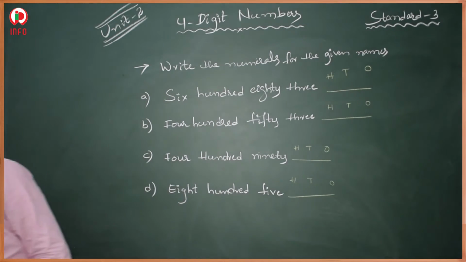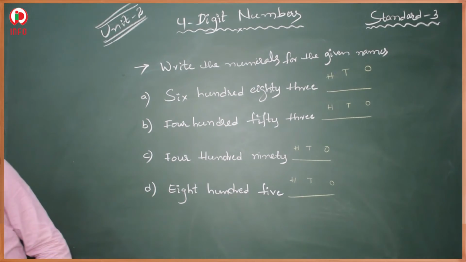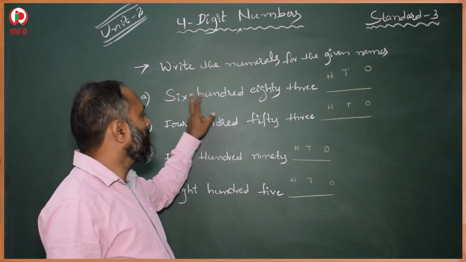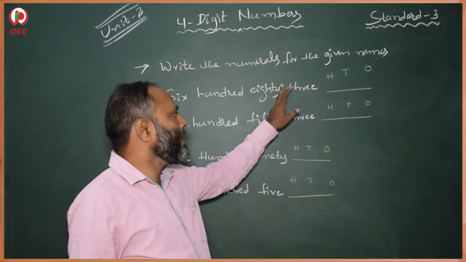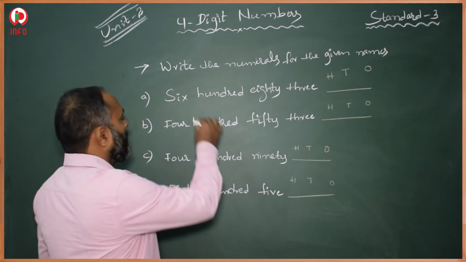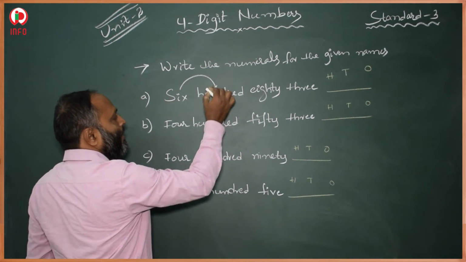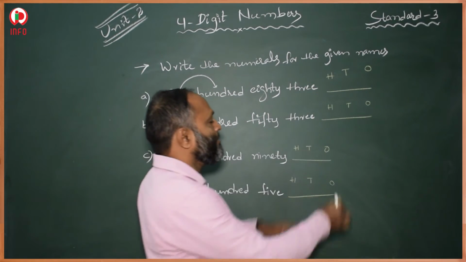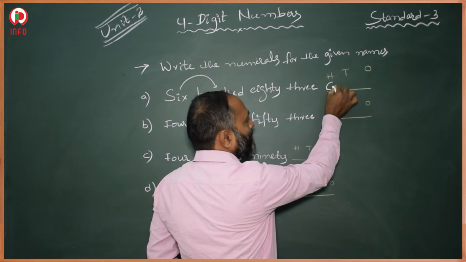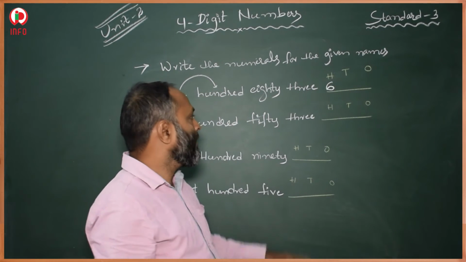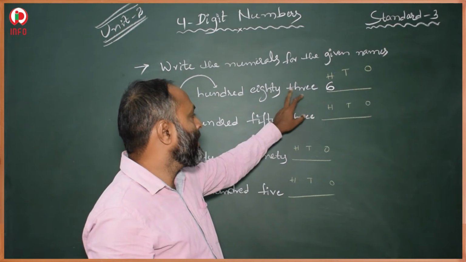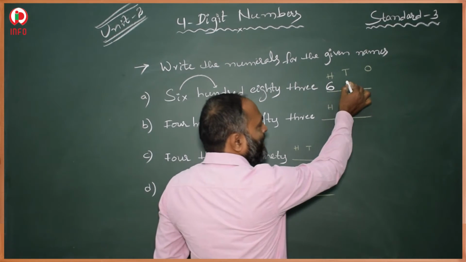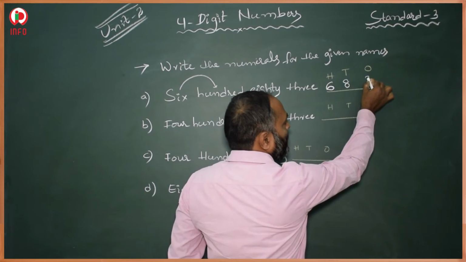Now how to write these numerals? First read here, 683. 6 is in the hundreds place, so in the hundreds place we have to write 6. Here 8, here 3.